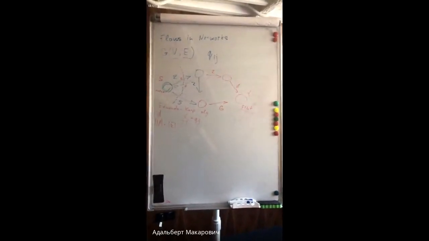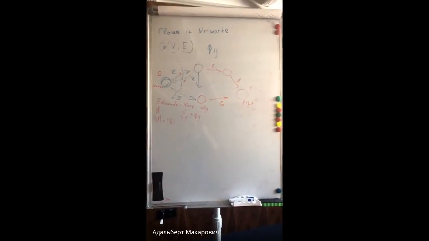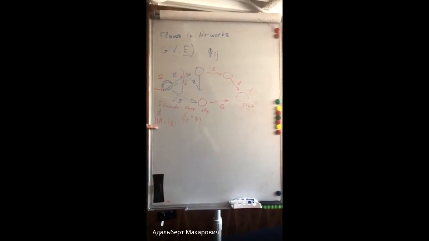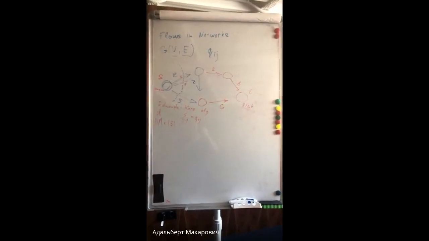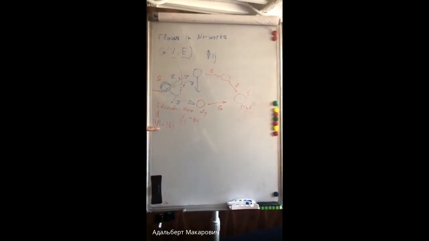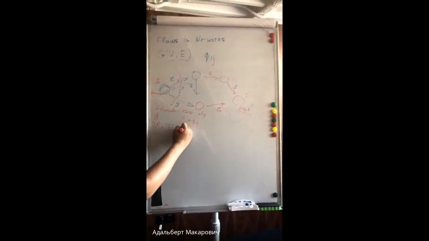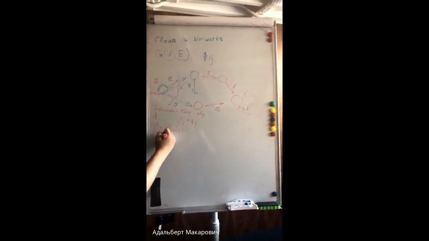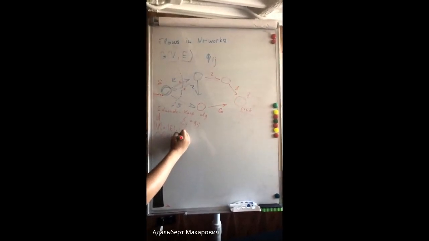It can be saturated only if we see it further than we've seen it before, so the distance increases and it cannot be more than V. So we have an upper bound of V multiplied by E, and each step of BFS takes also E time. So we end up with complexity V E squared.